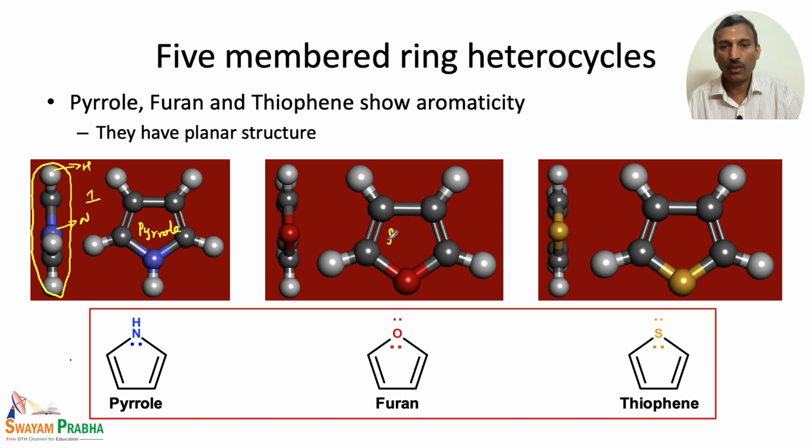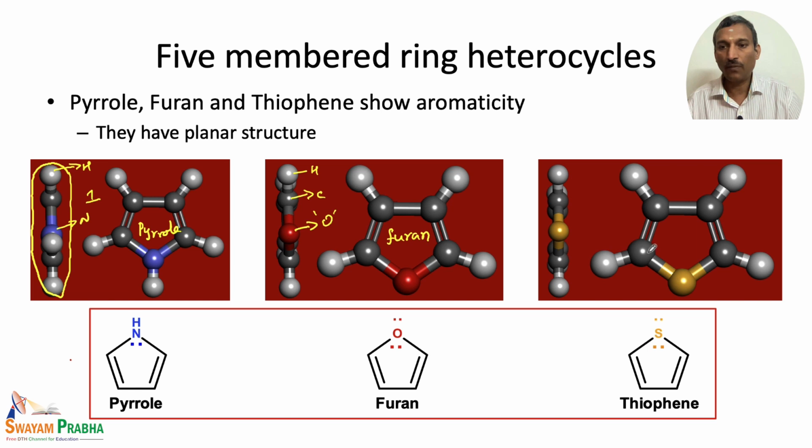The next one is furan. Furan also has the same planar structure. This red atom is oxygen, the gray one is carbon and the ash color one is hydrogen. This is where we can see the planar nature of the furan ring.